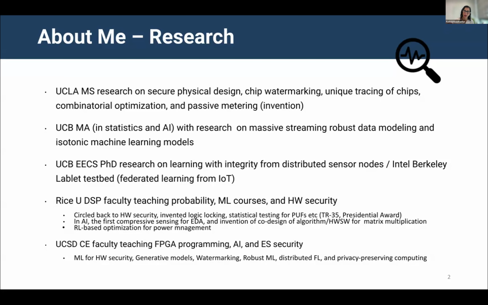At the time, I got a nice fellowship from the Intel Labs at Berkeley, so I got to work with the distributed sensor network embedded that was there. And I've worked on real machine learning problems and how you could actually have integrity for those problems, which is what I did for my PhD. So for my PhD, I combined that with making these embedded systems efficient using the machine learning that we got from these embedded systems node.